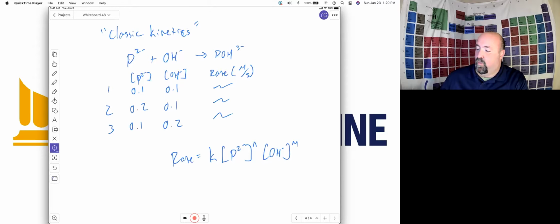And you would then compare 1 and 3 to see what effect changing the OH minus has on the rate. And in that way, you would be able to tease out your values of K, N, and M.